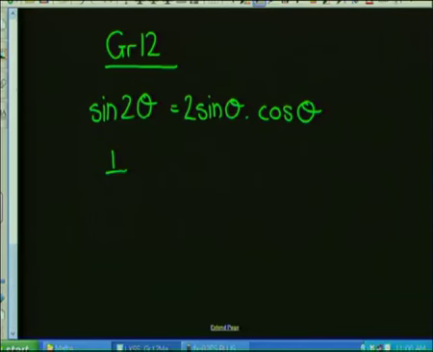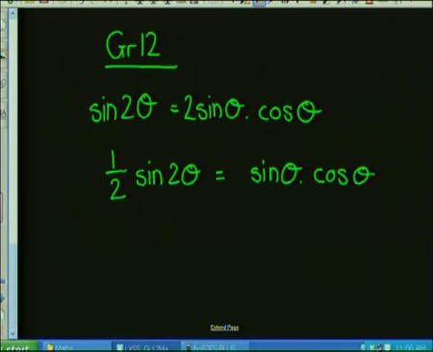The one that is not given on the formula sheet is half sine 2 theta, and that is equal to sine theta times cos theta.